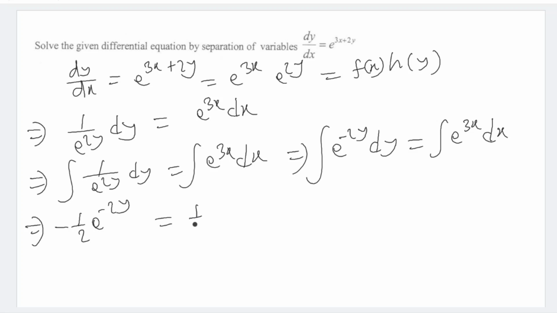Here we get 1 by 3 e power 3x, because in integration we have to divide by the coefficient of x, plus c1.